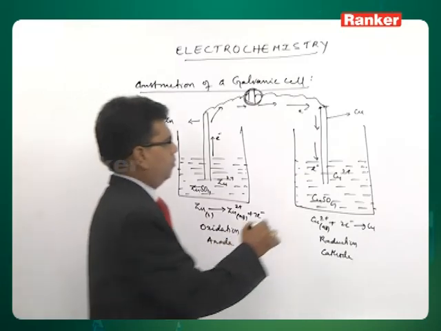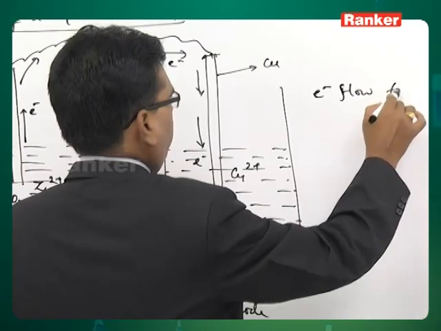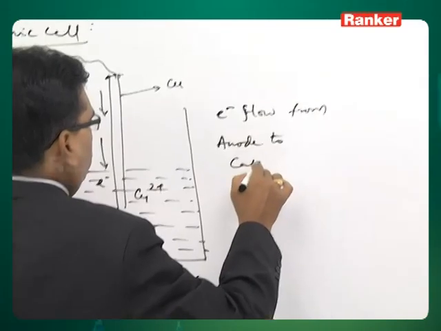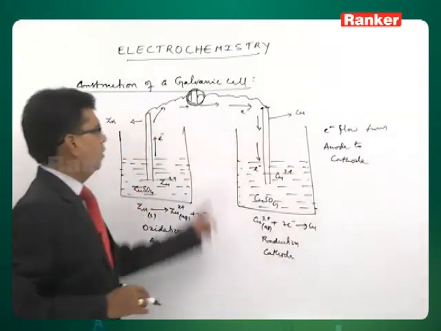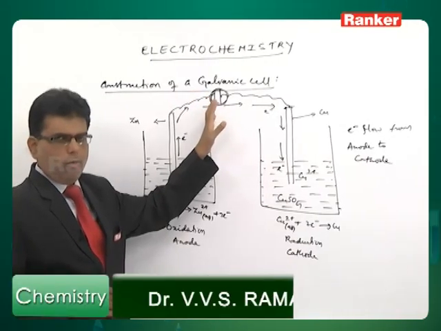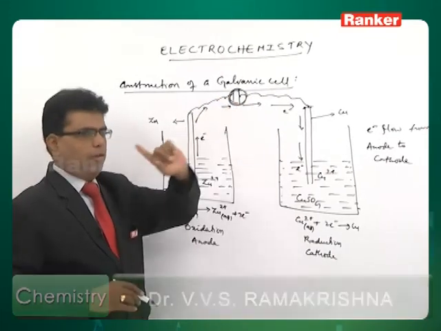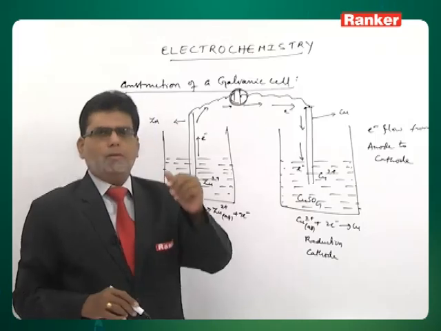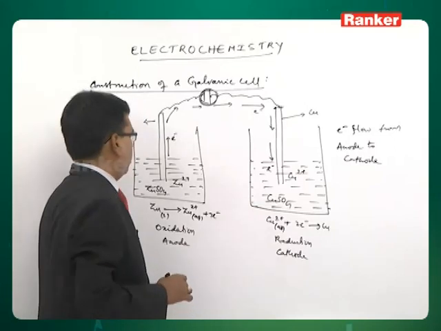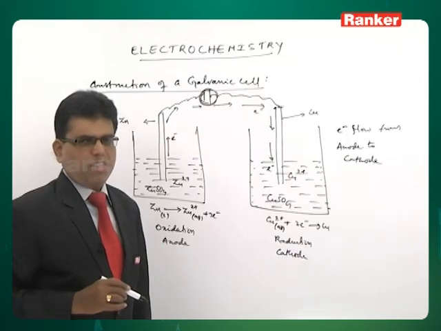If we keep an electric bulb between the two electrodes, the bulb will glow, or if you put a potentiometer, there will be a deflection from which we can read the EMF of the galvanic cell. This only completes the external circuit of the cell.